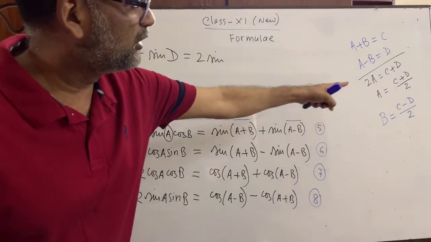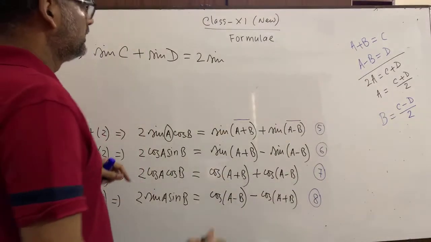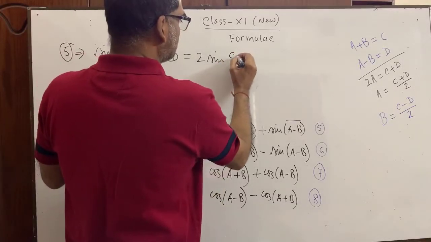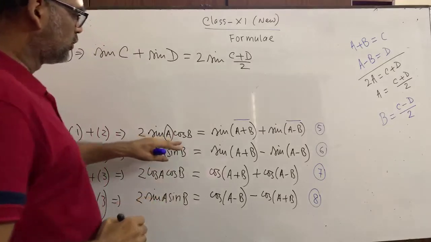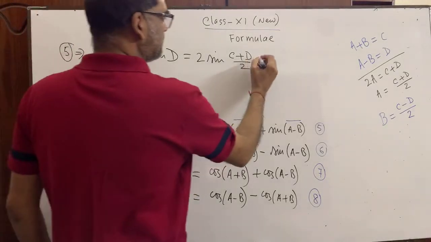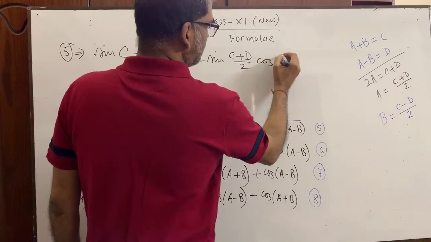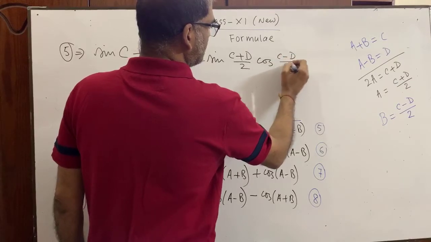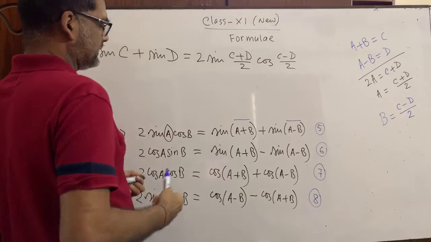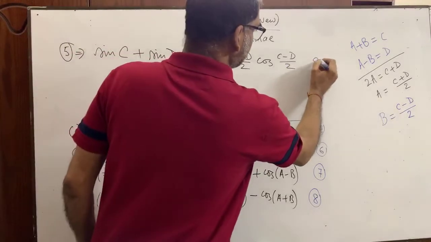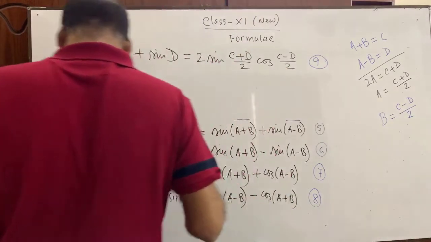A is equal to C plus D by 2. Then cosine B. Write down cosine B. B for what? C minus D by 2. Now it is formula number 9.